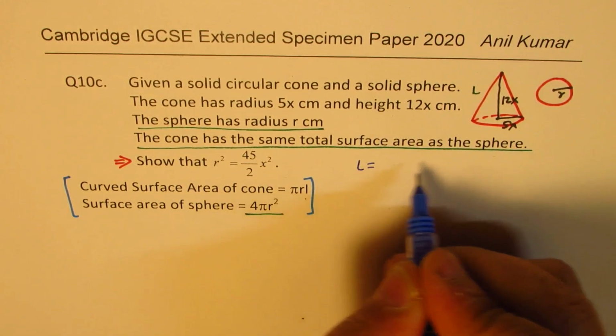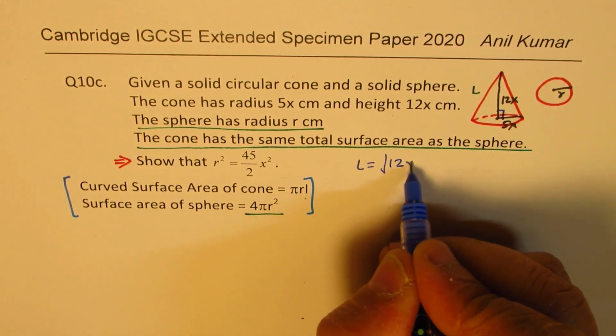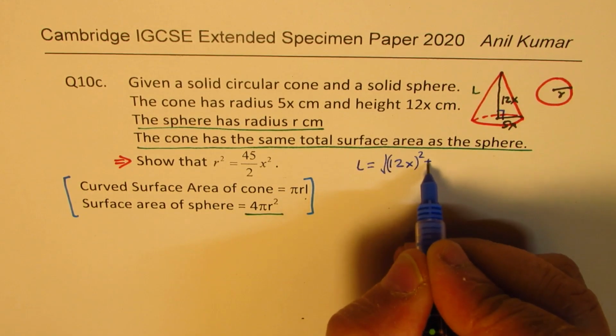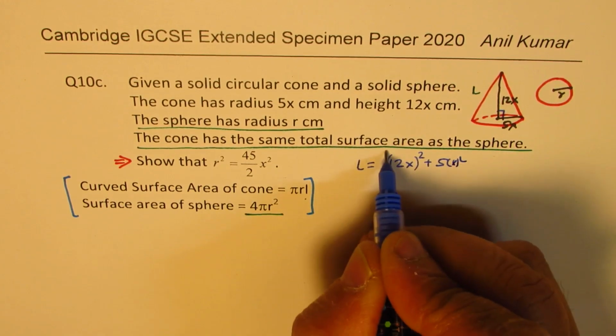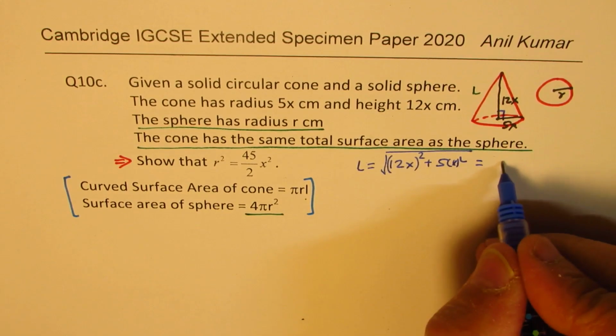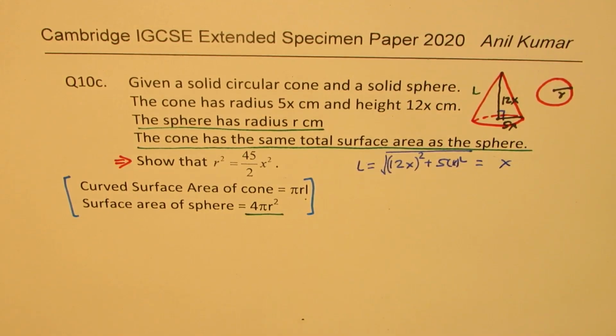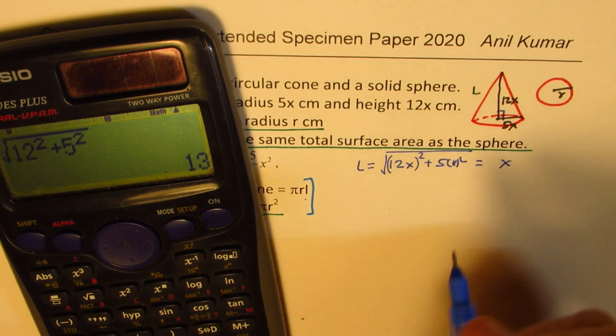So L will be equal to, using the Pythagorean theorem, the square root of (12x) squared plus (5x) squared. So we'll take x outside. X is common, and the square root of 12 squared plus 5 squared gives you 13.